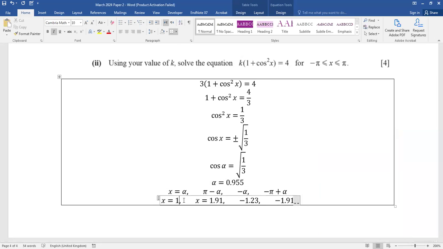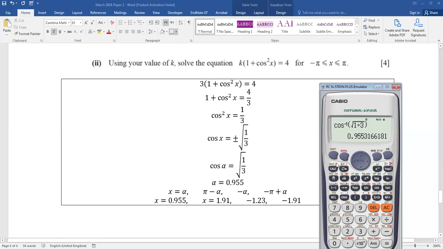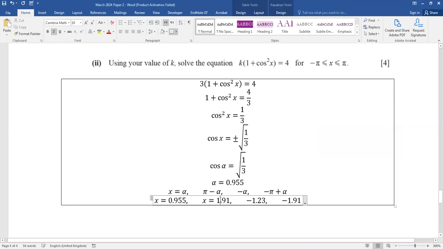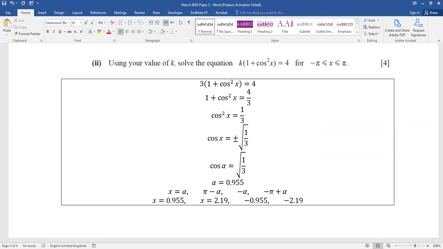So this will be 0.955, pi minus the answer, 2.19, minus 0.955, and minus 2.19. So these are the four values that we should end up with.